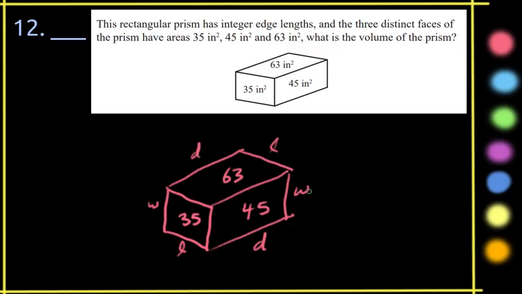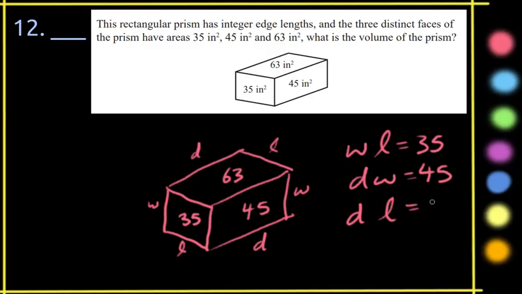So we need to figure out these three values, the width, the length, and the depth, based on these products. So we have width times length is equal to 35, and we have depth times width is equal to 45, and we have depth times length is equal to 63.